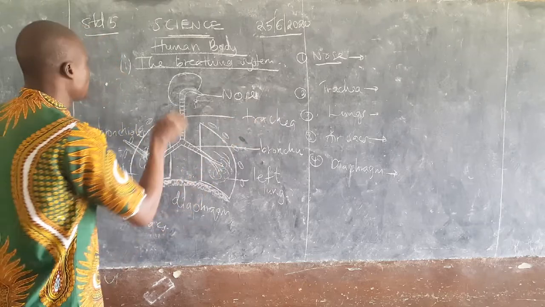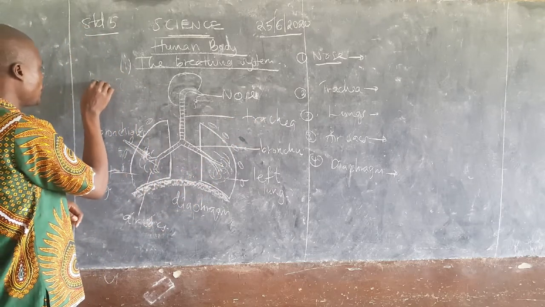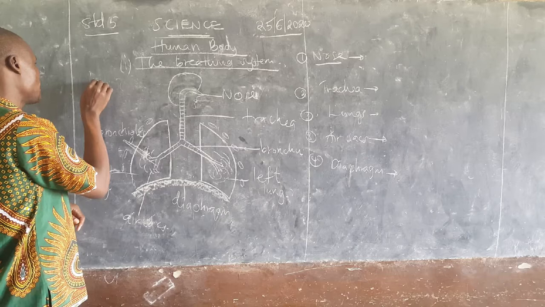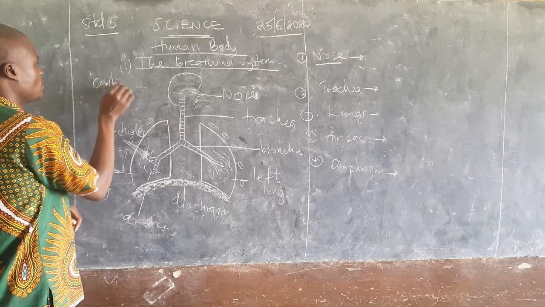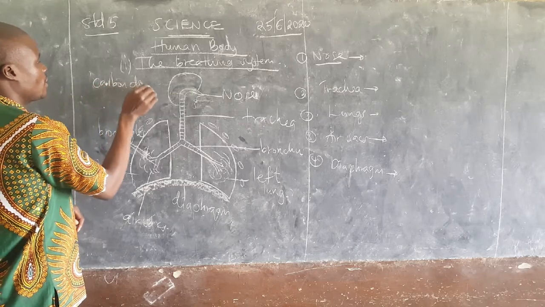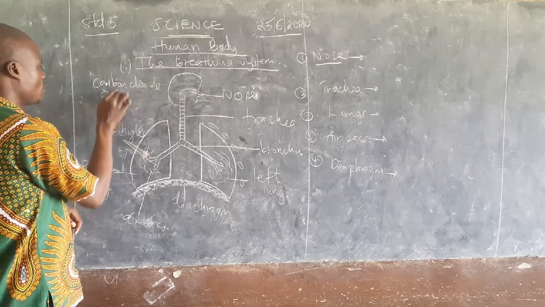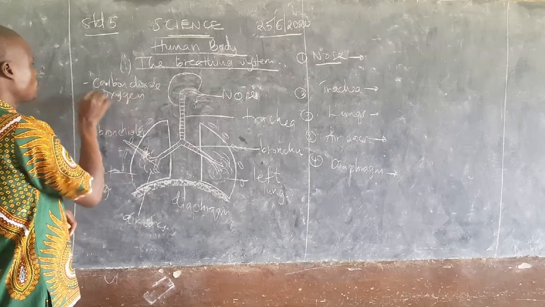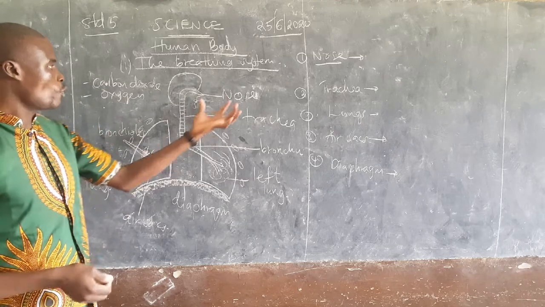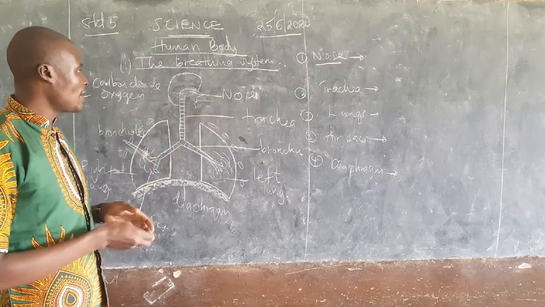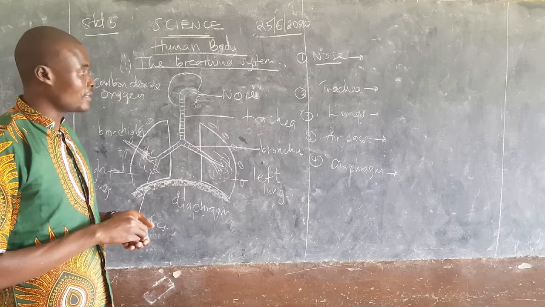In this particular topic, we are going to deal with two types of air, that is carbon dioxide and also oxygen. So we inhale oxygen and we let out carbon dioxide.